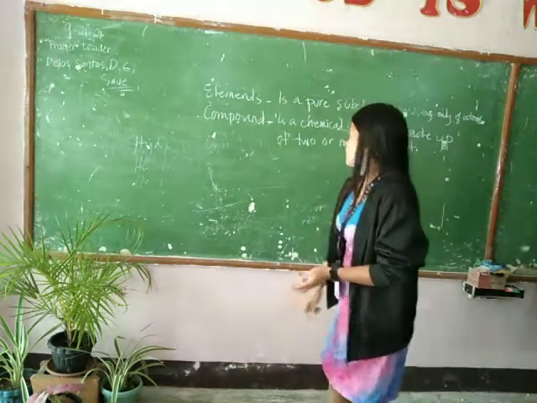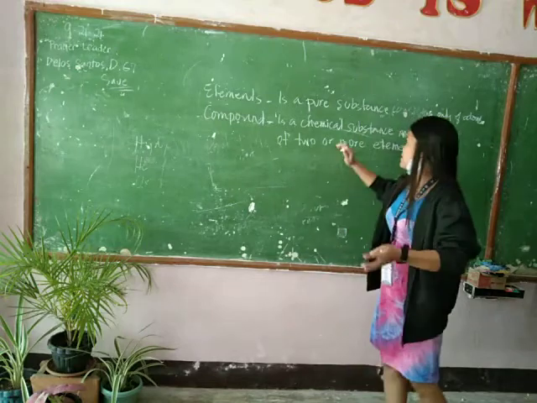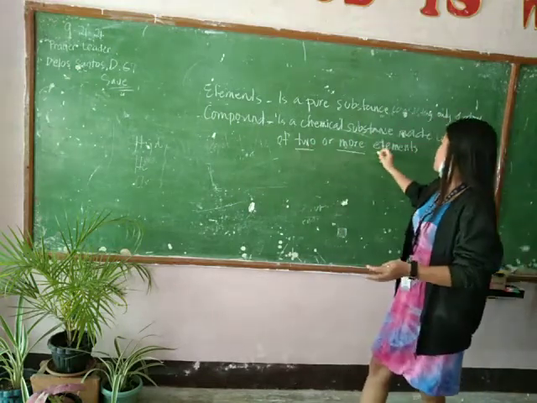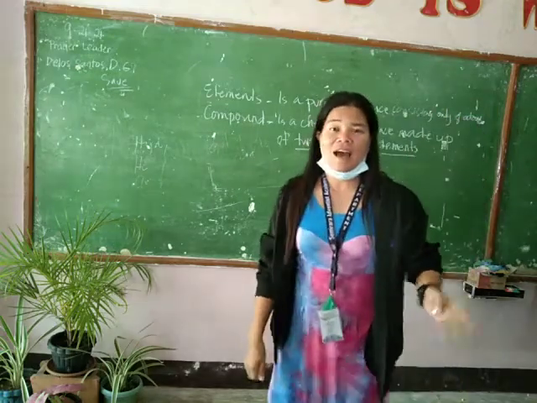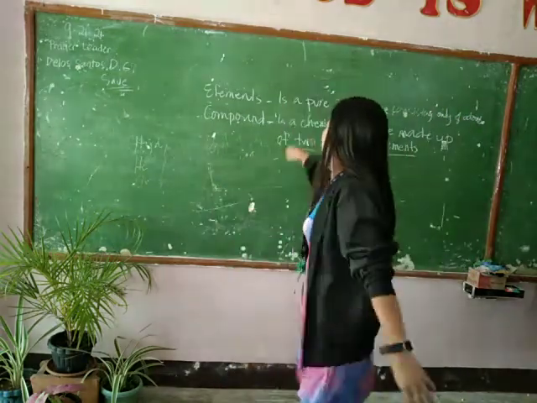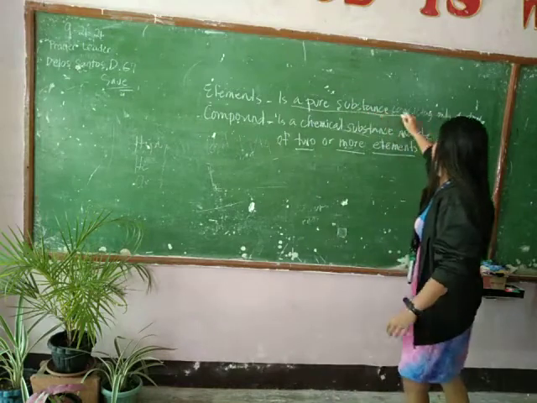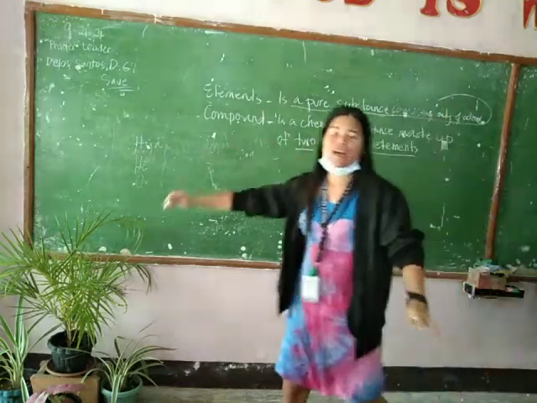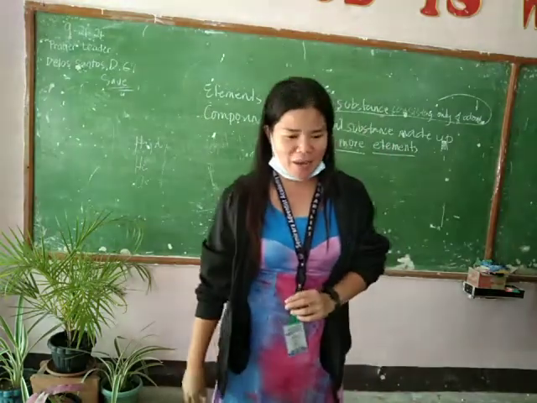See? Ano pala yung compound? The compound is a chemical substance made up of two or more elements. Unlike sa elements, a pure substance consisting only of atoms. Diba? So, meron talagang pinagkakaiba.